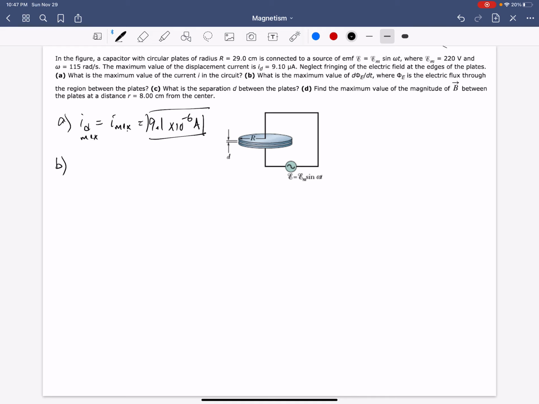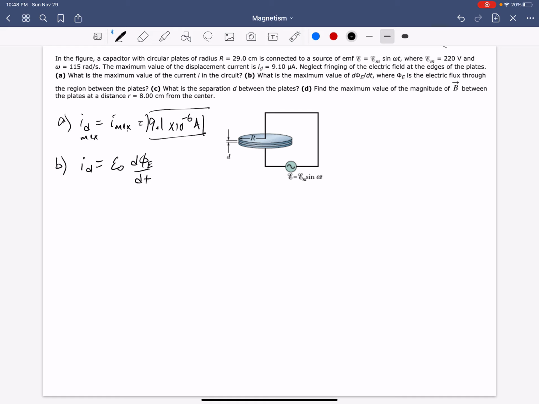Now that we have the displacement current, or actually we have it stated, we can find d phi E dt. The definition of the displacement current is epsilon naught times d phi E dt, right? We know that from Maxwell's equations.